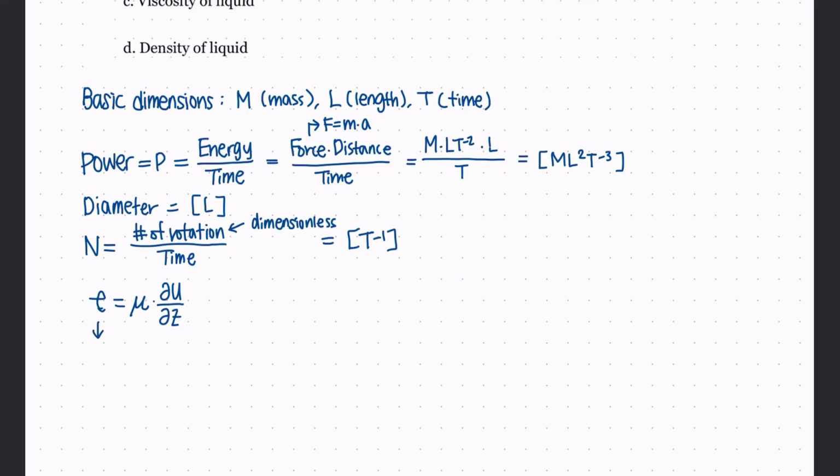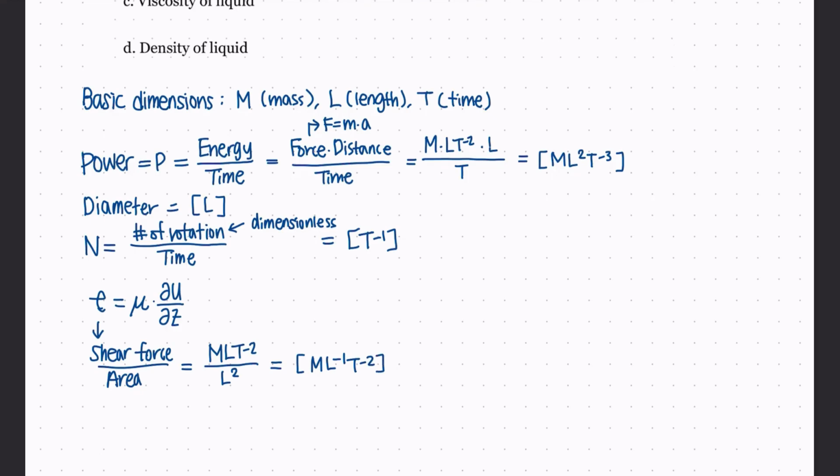Since we know that shear stress is shear force per area, we can write its dimension as m L T to the negative 2 over area, which is L squared. We can simplify these equations as m L to the negative 1 times T to the negative 2.